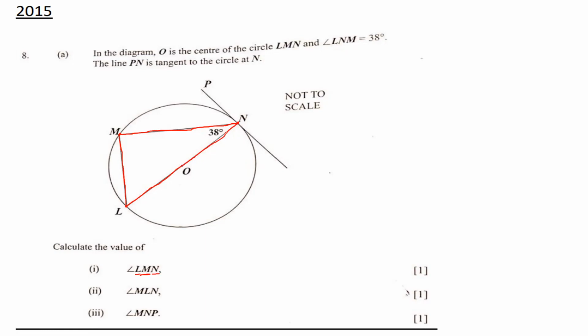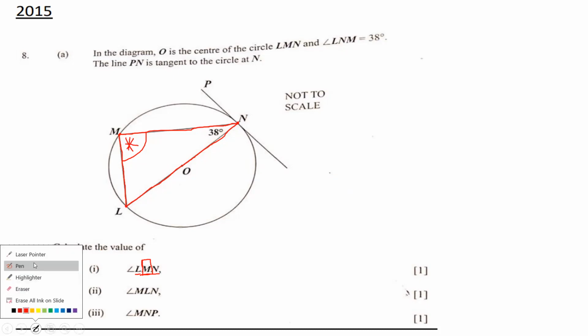All right. And so what we're really trying to pinpoint is angle M, because that's the one in the middle. So what the question is asking for is the value of this angle right there.